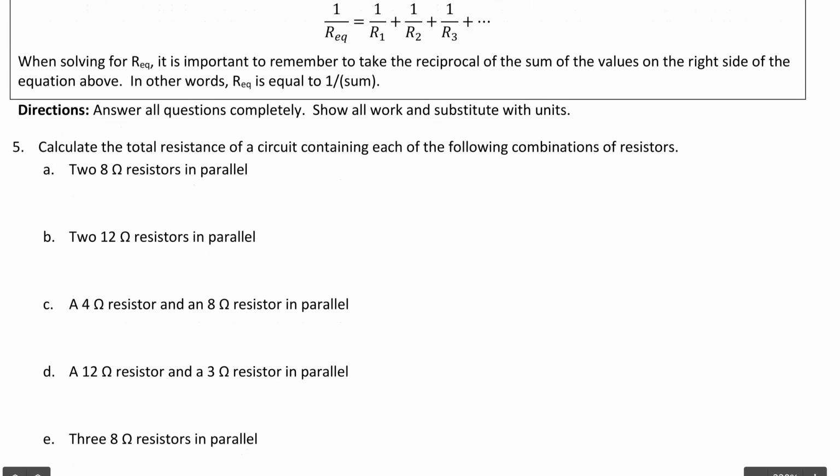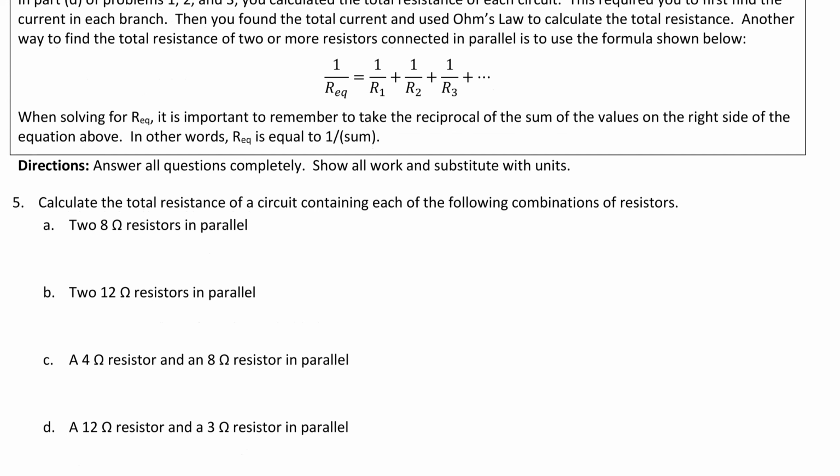Okay, so let's see. It says 2 8-ohm resistors in parallel. So we have 1 over Req is equal to 1 over R1 plus 1 over R2. And then we got 1 over 8 plus 1 over 8, 2 resistors in parallel. So that's equal to 2 over 8.